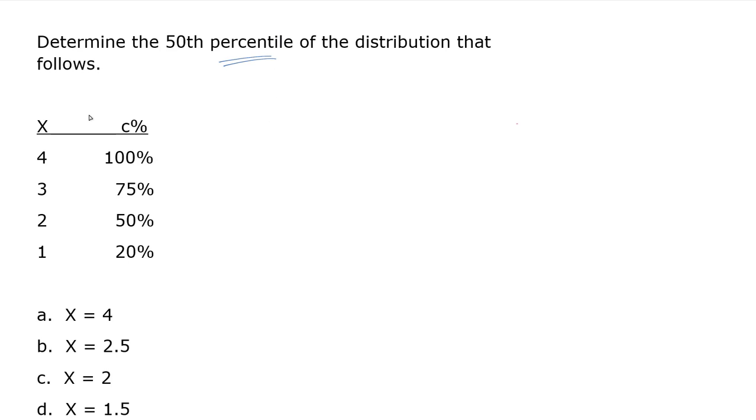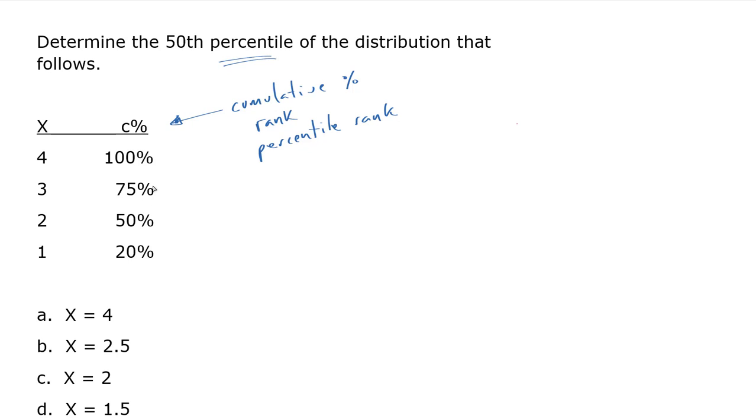So now, when you're looking at a list like this where you have this C percentage, what this literally stands for is cumulative percentage. So the cumulative percent of values that are at or equal to the number that you see here, the score. This can also be referred to as rank or percentile rank.